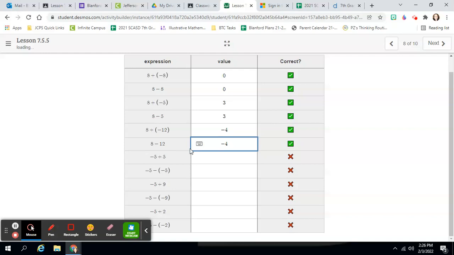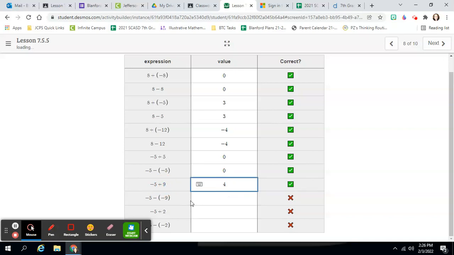-5 plus 5, those are opposites. They ended up canceling each other out. Subtracting -5 is the same thing as adding +5. So -5 minus -5, 0. -5 plus 9, well, 5 of these negatives will cancel 5 of the positives.